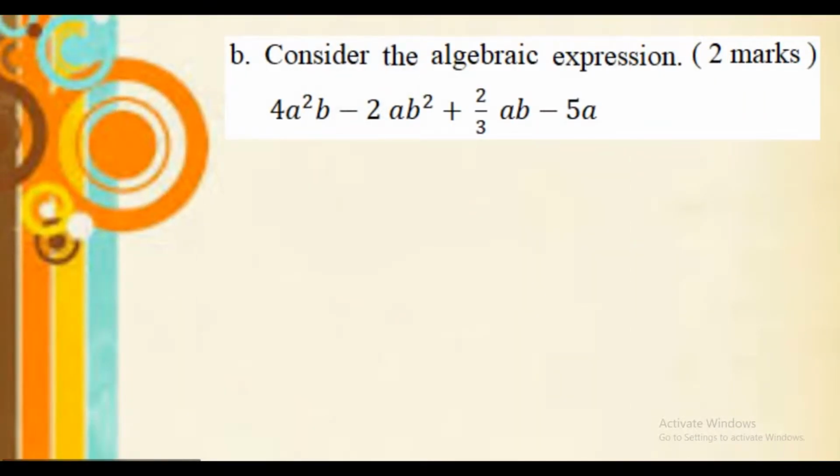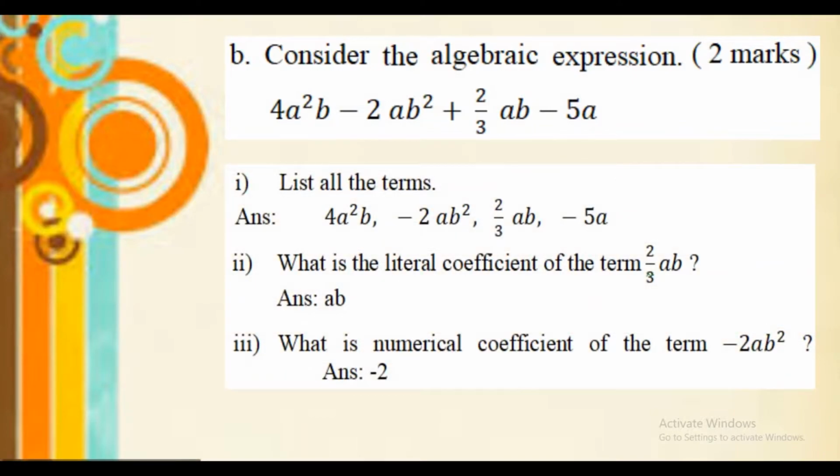The next one: consider the algebraic expression. We have to answer the following. List all the terms. What is the literal coefficient of the term 2 by 3ab? What is the numerical coefficient of the term minus 2ab square?